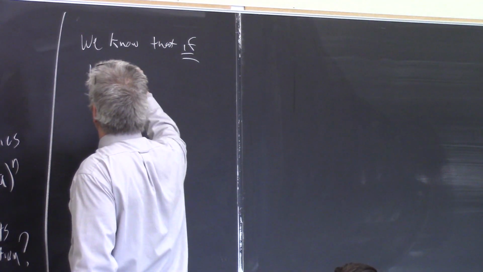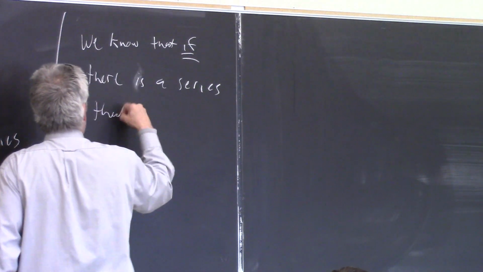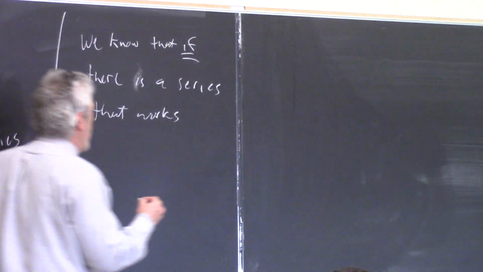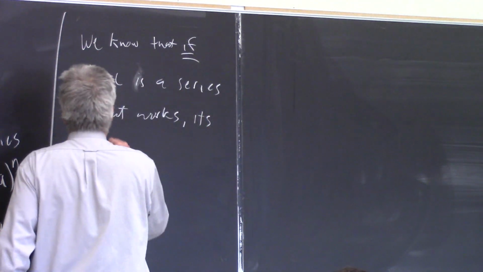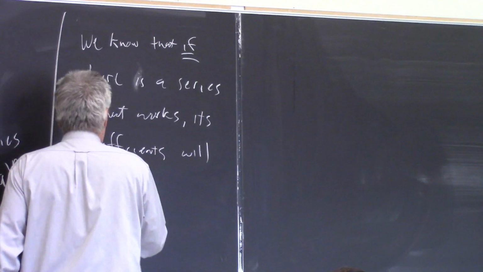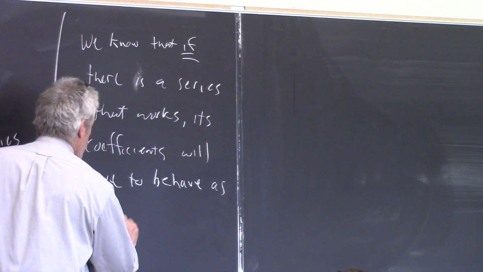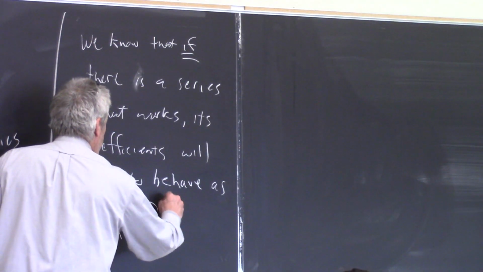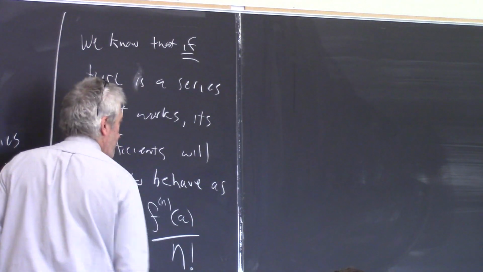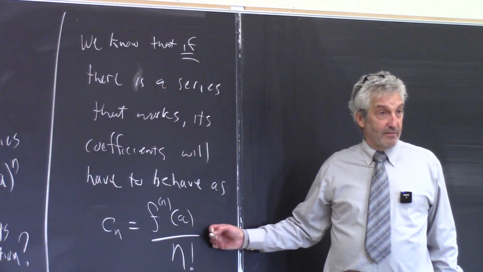So the nth coefficient is going to be the nth derivative of the function evaluated at a divided by n factorial. So given a function, we can just build the series this way.